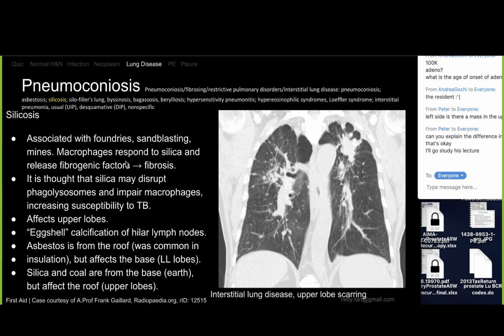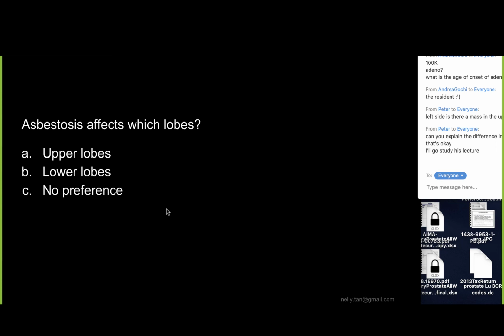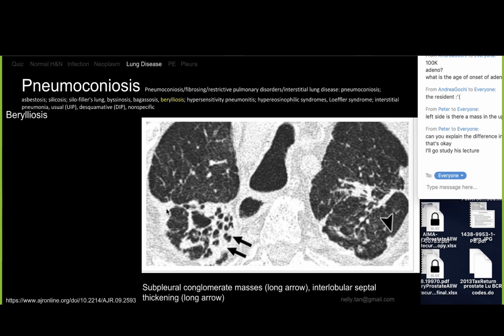In contrast, asbestosis is from the roof, since it used to be put in the insulation of the walls, but it affects the lower lobes, the base. Okay. So asbestosis affects the lower lobes, and silicosis affects the upper lobes.